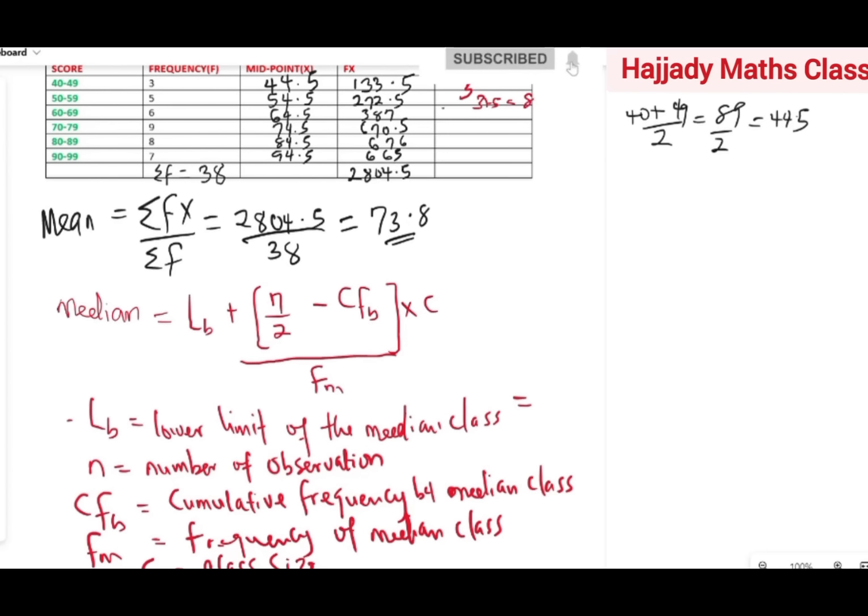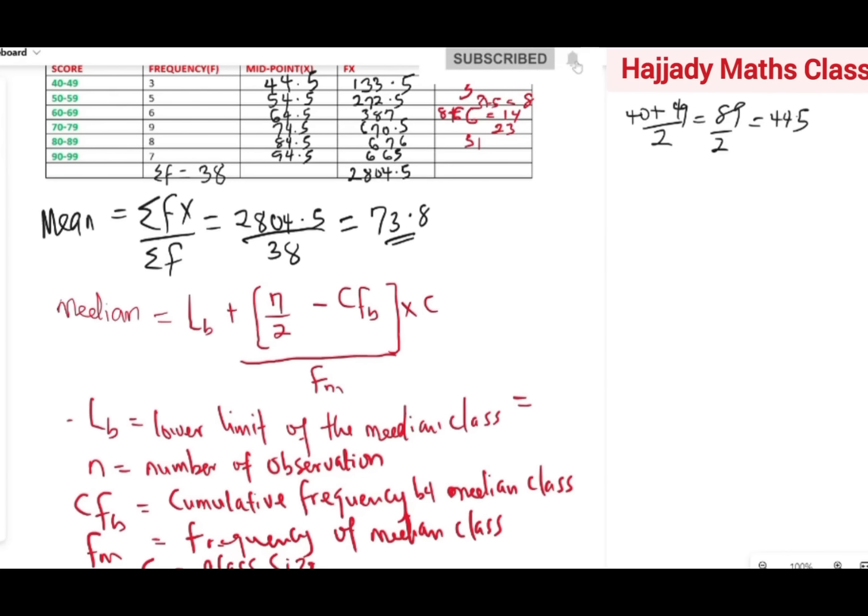And next one, we have the previous value, which is 8 plus 6, right? Which is going to give us 14. So subsequently, like that, 14 plus 9 is going to give us 23. 23 plus the next value, which is 8. Okay? Next frequency value, which is going to give us 31.